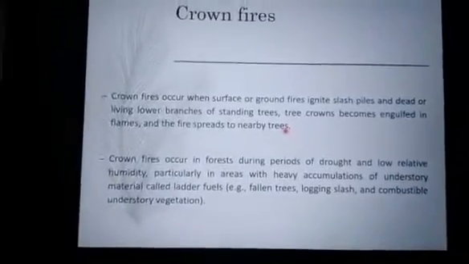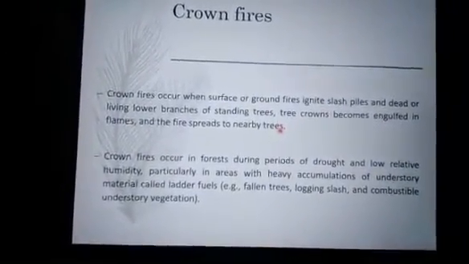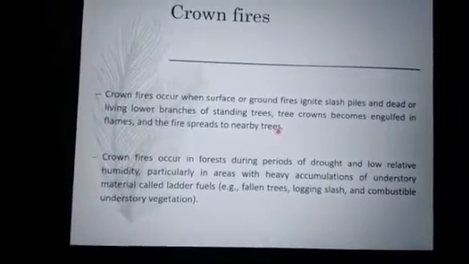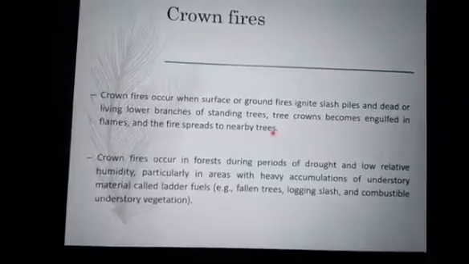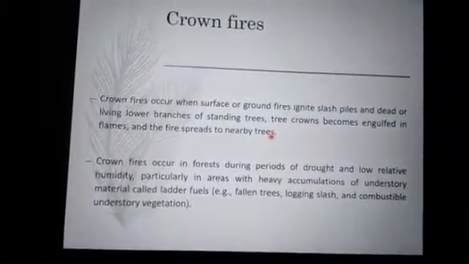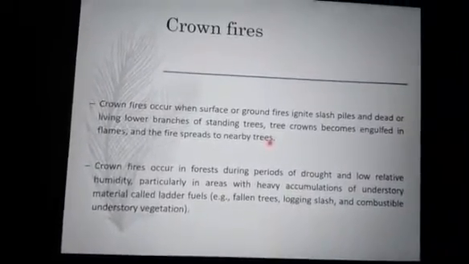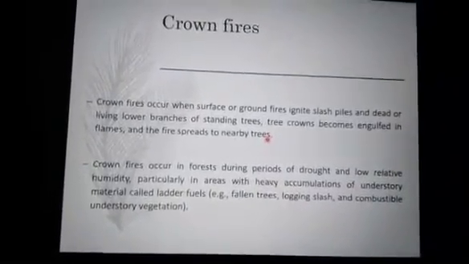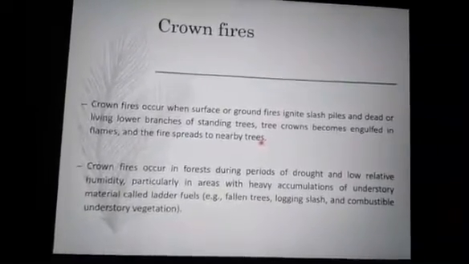Then we have what we call the crown fires. Crown fires occur when the surface fire or the ground fire ignites slash piles or the dead or living lower branches of the trees. The tree crowns become engulfed in flames and the fire spreads to nearby trees.